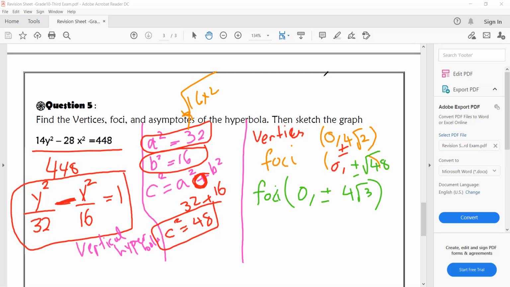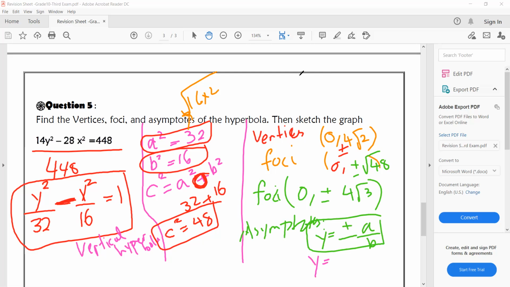Now, what about the asymptotes? Negative positive a over b. So y equals negative positive a over b. So what is the value of a we said here?